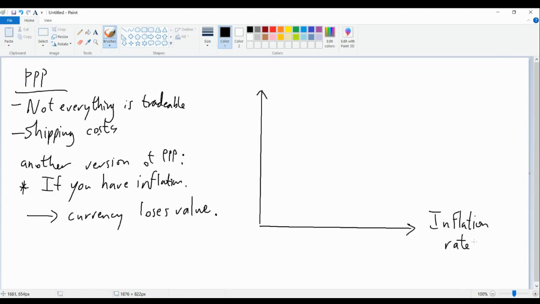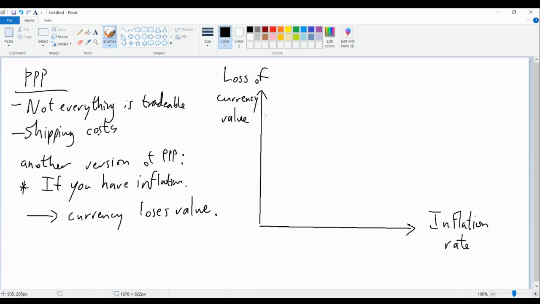Imagine that we took data for various countries in various years and plotted a graph. On one hand we have inflation rates, and on the other we have the loss in currency value over the same period of time.